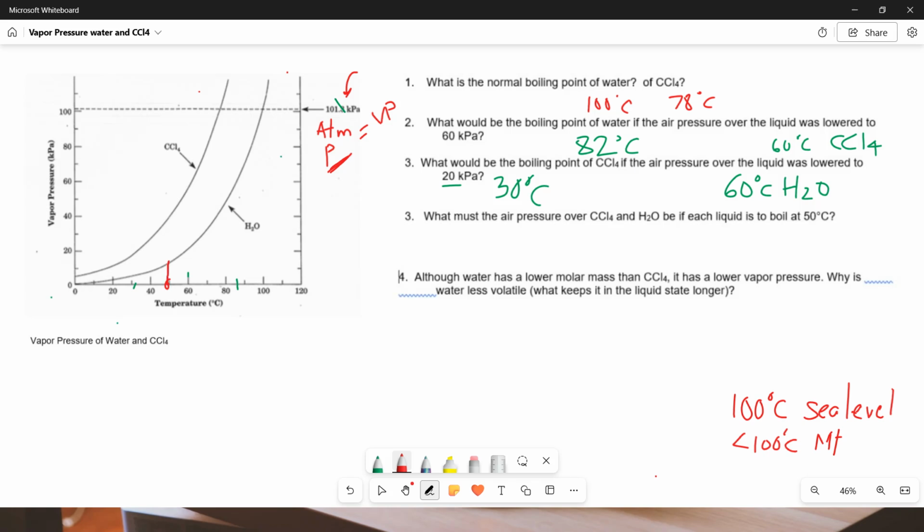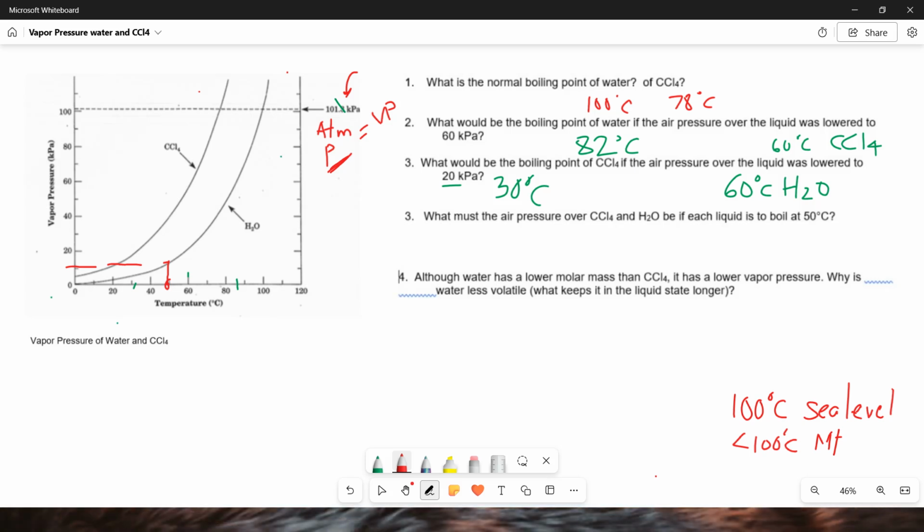I'm going to come up and hit the water line, and then I'm going to go over, and it's going to be about maybe 11 kilopascals of pressure. They didn't ask about it, but the carbon tet's boiling point would be about 20 degrees, where water's would be 50.